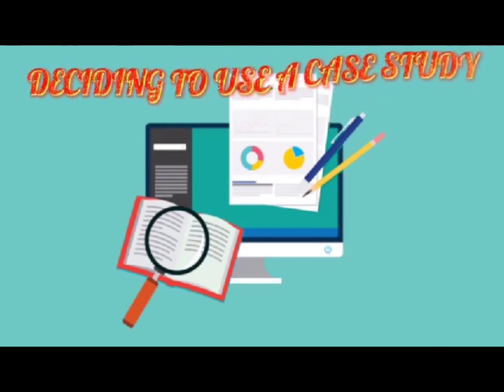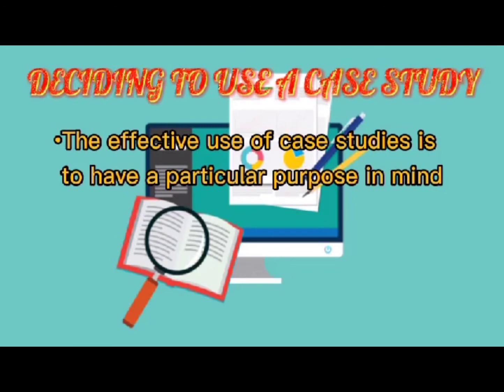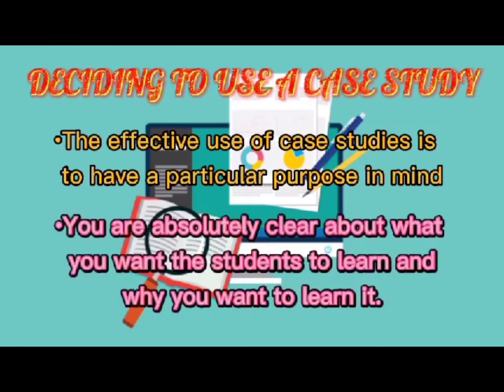As with all other teaching strategies, the effective use of case studies requires you to have a particular purpose in mind. Your choice of strategy should not be made before you are absolutely clear about what you want the students to learn and why you want them to learn it.